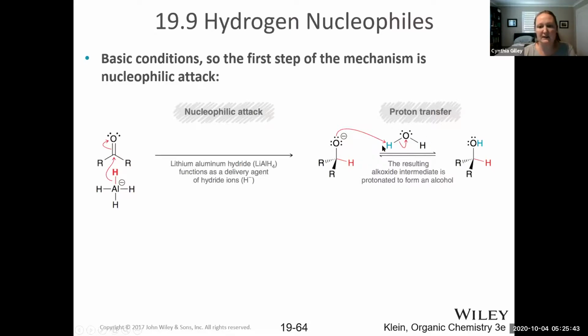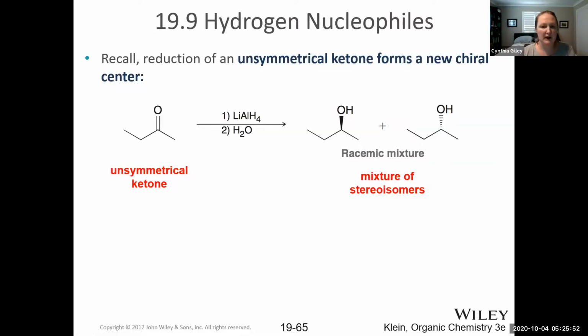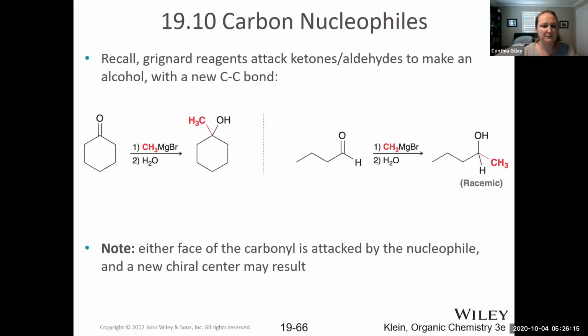Could be the solvent in the case of sodium borohydride, or water getting added at the end of the reaction with lithium aluminum hydride, giving the alcohol product. Just a note that if you end up generating a chiral center through reduction, you will always get a racemic mixture. There's nothing influencing the hydride from attacking from one face or the other face of a planar molecule, and it'll be 50-50, resulting in a racemic mixture.